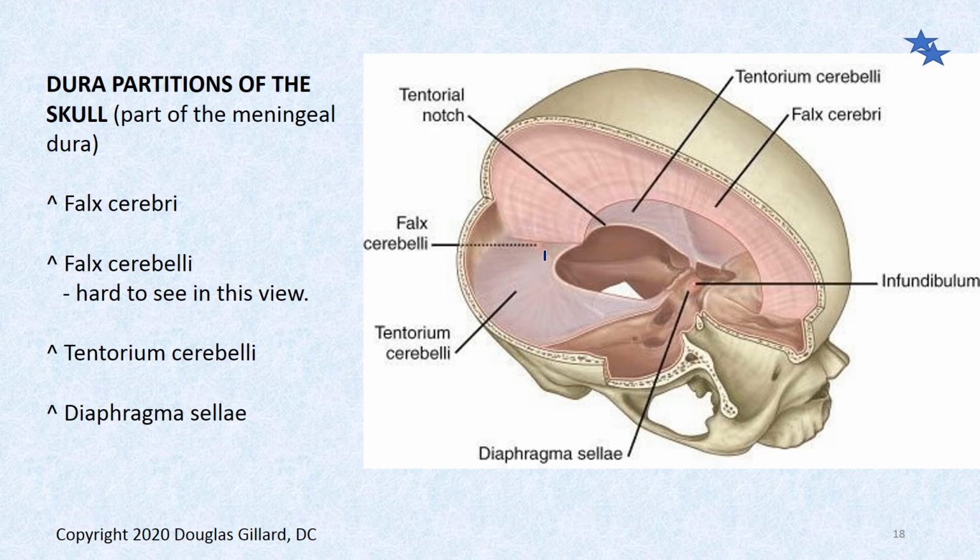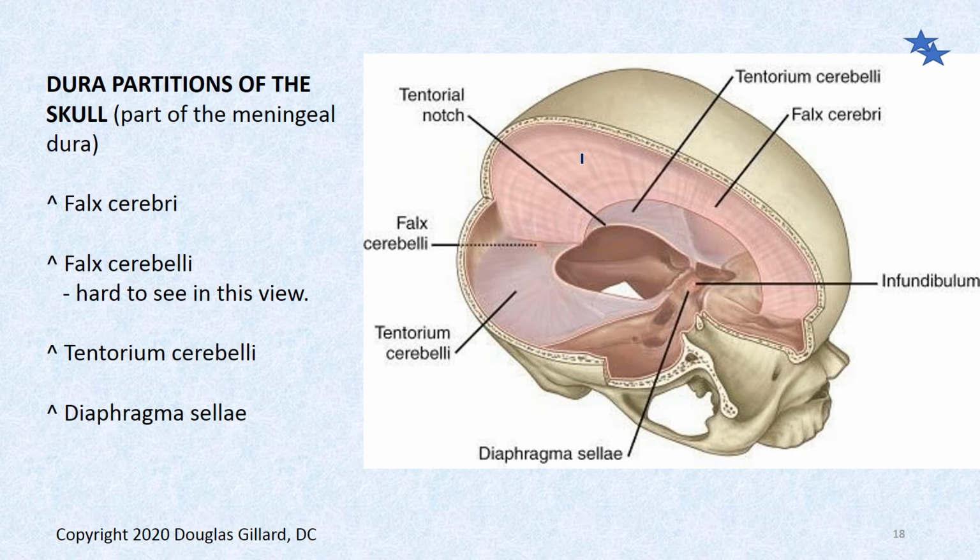Another important concept, and you'll study this in Gross Anatomy 2 next quarter, but there's 2 types of meningeal layers in the skull. There's one that sticks to the bone, and there's another that kind of partitions up the brain into sections.